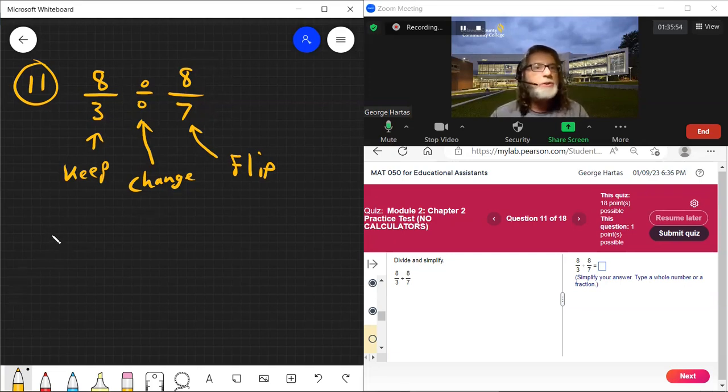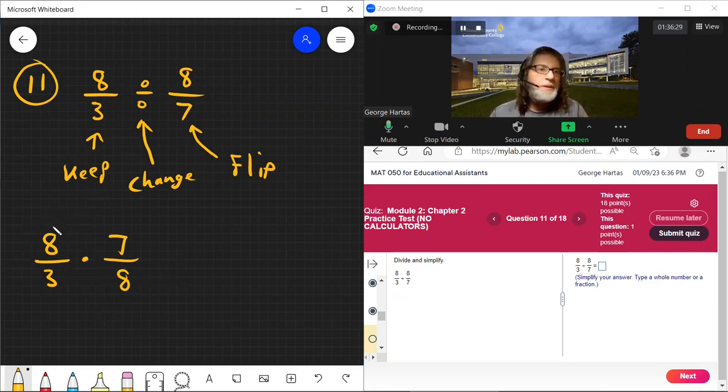So 8/3, change division to multiplication, and then you're going to flip, do the reciprocal of this. So this becomes 7/8. So we changed division to multiplication. So from here on out, it's going to be the same process as if we're multiplying, because in fact we are multiplying. And as before, let's see if we can reduce before we multiply.